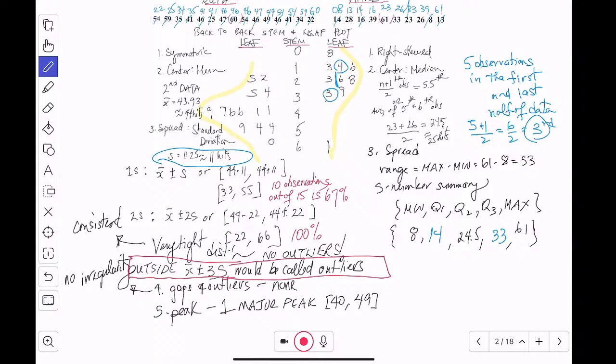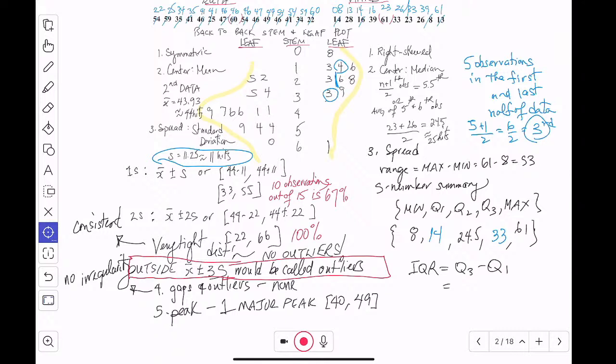We could also calculate the IQR. Remember, the IQR is the Q3 minus Q1. So it's how spread out the middle 50% are. The more spread out, the more variable it is.